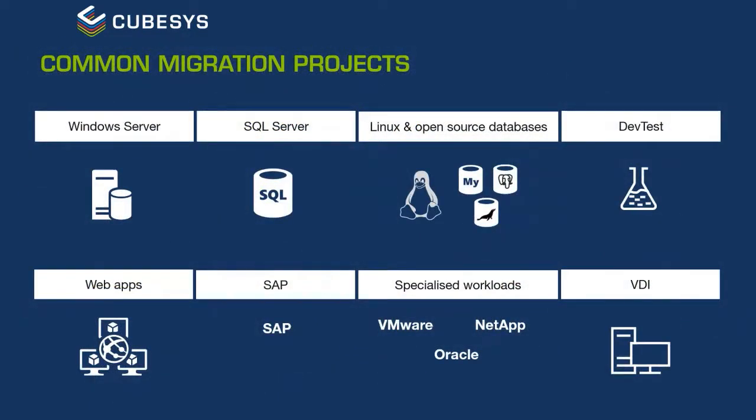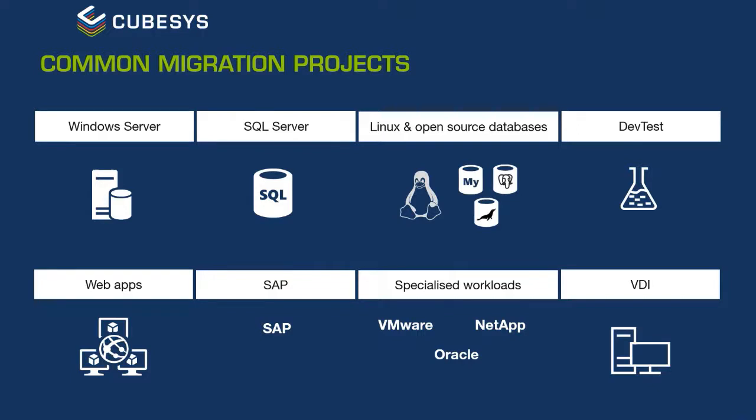So here are some common migration projects that I've come across over my time. Windows Server and SQL Server being the most obvious ones. Linux and open source databases I've started to see a little bit more. We all know that dev test is normally the first target for a migration project because it's simply the least impact in most cases.